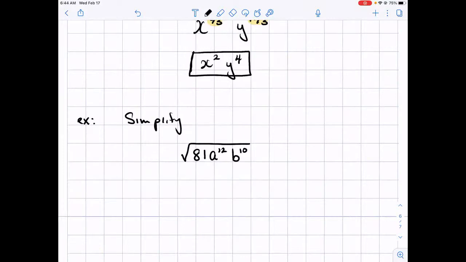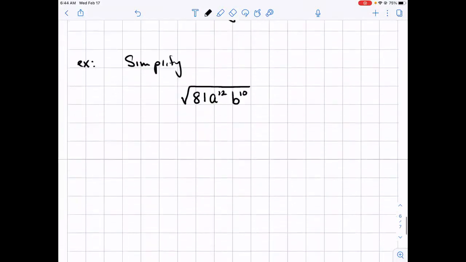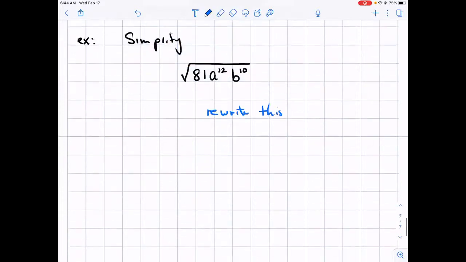Well, first, let's rewrite as we did above. We have 81, a to the 12th, b to the 10th, raised to now, remember, this is square root. We don't see an index. When we don't see it, we know it's a 2. And that's why we call it square root.